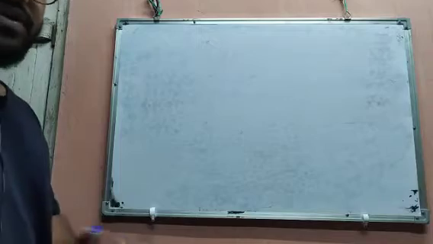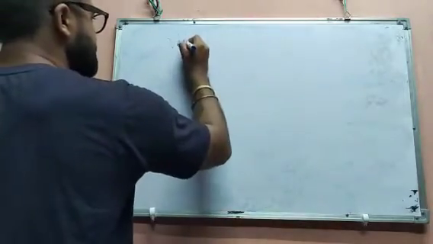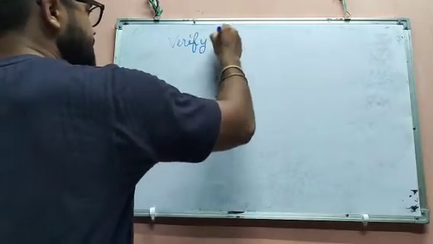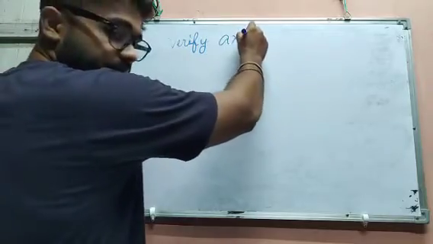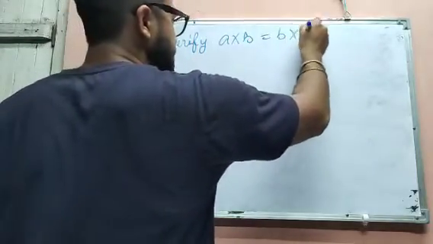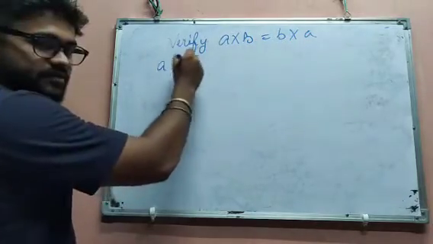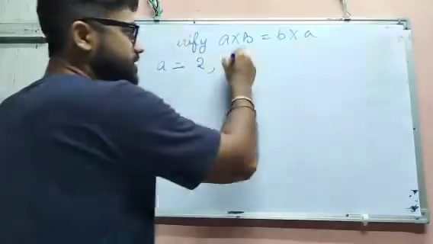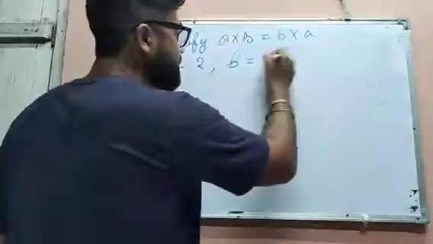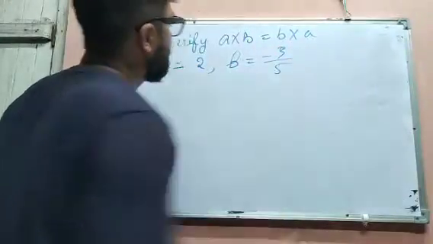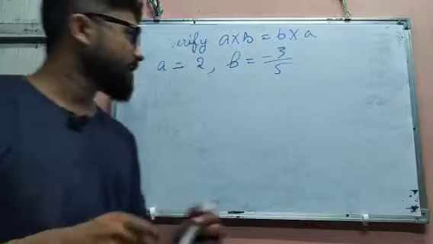Next, we may be given a property to verify by taking some numerical values. Suppose you are given: verify a into b equal to b into a, with a equal to 2 and b equal to minus 3 by 5. First, a into b: a is 2 and b is minus 3 by 5.